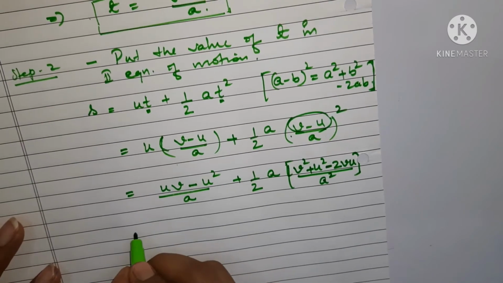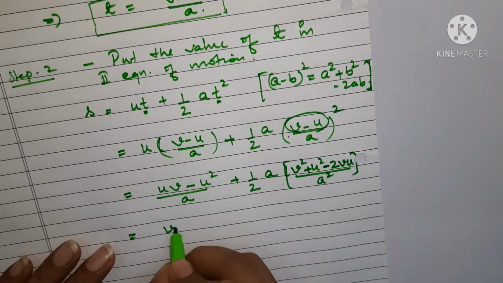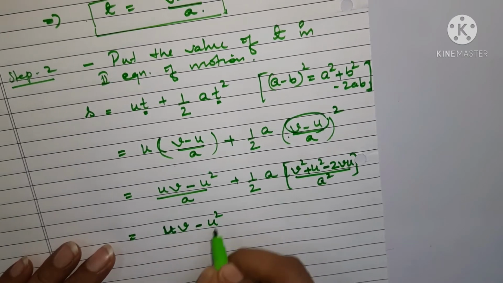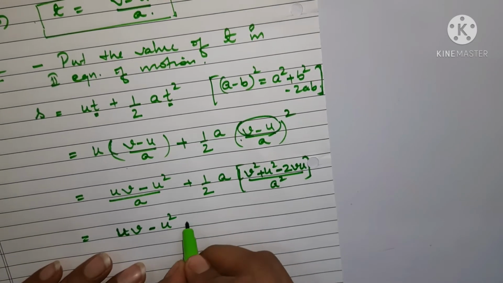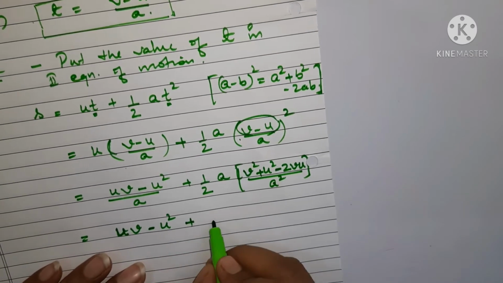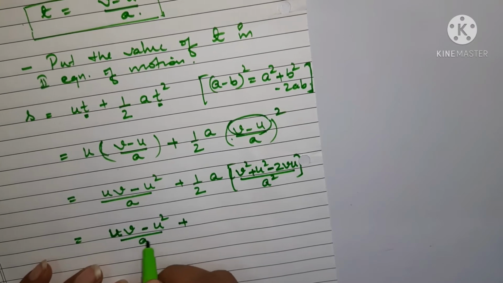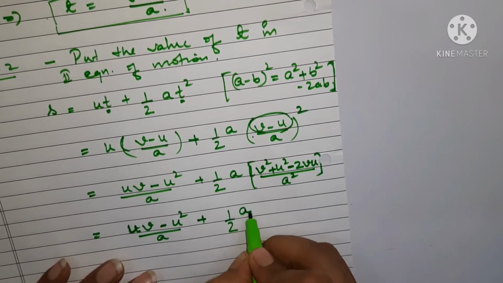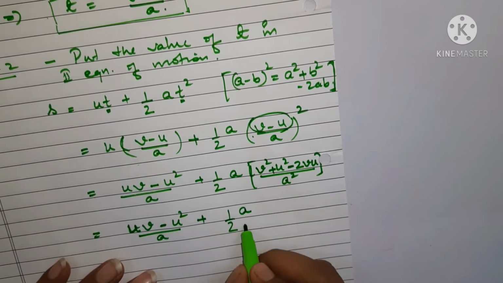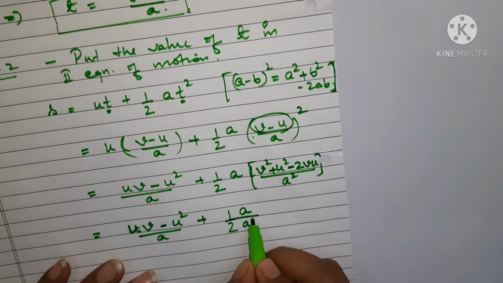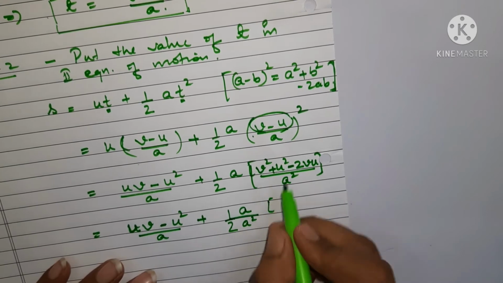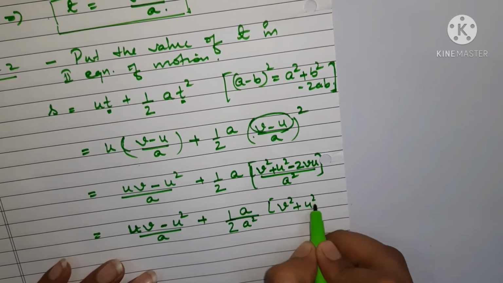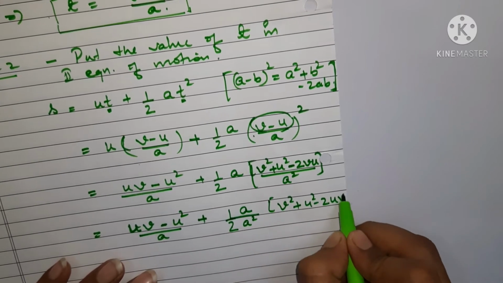Open the brackets further also. So you have uv minus u square upon a, plus half, and here it is 2a square, with v square plus u square minus 2uv.